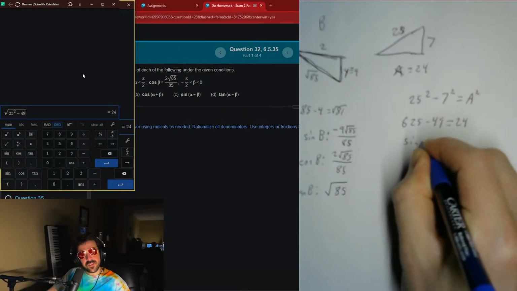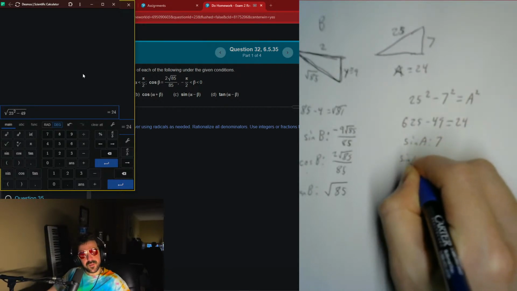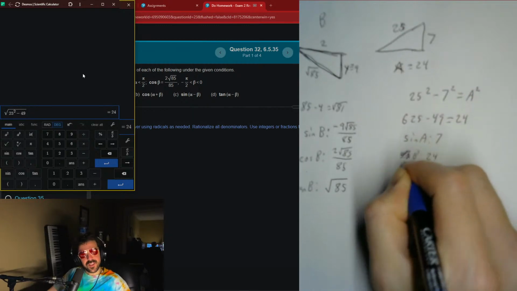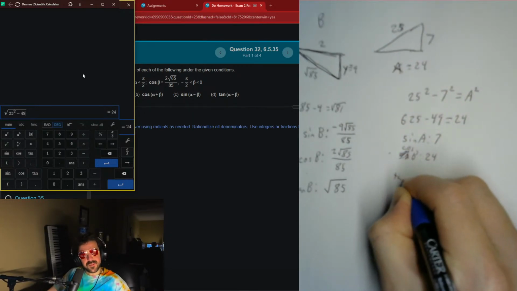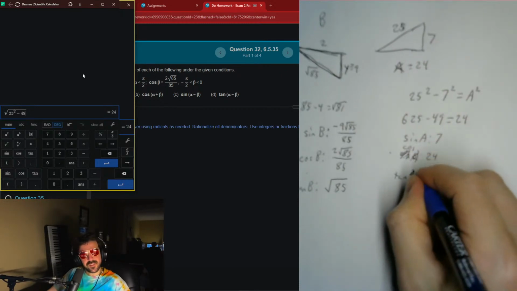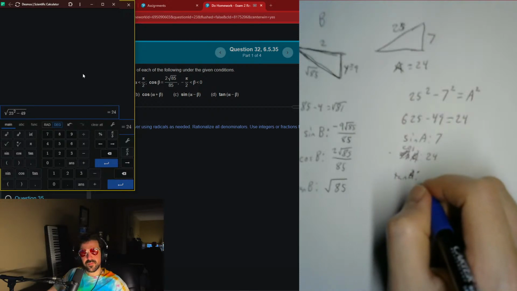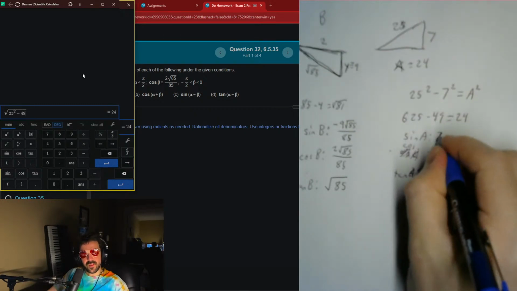So sine A is just 7 over 25. Cosine A, 24 over 25. And then tangent A is... aha.